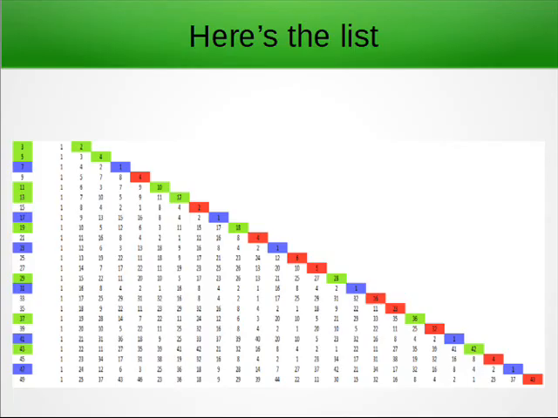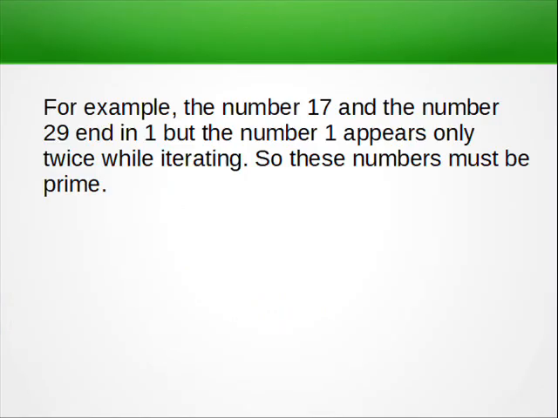For example, 23 ends in 1, 2. 21 ends in 4. 21 is not a prime number. And the list goes on. For example, the number 17 and the number 29 end in 1, but the number 1 appears only twice while iterating, so these numbers must be primes.